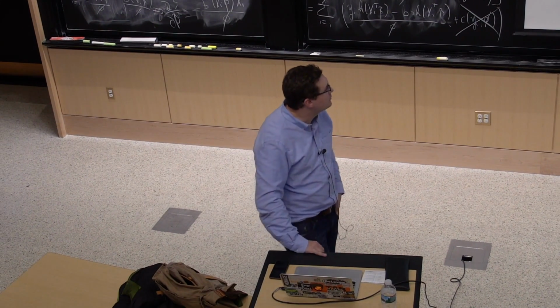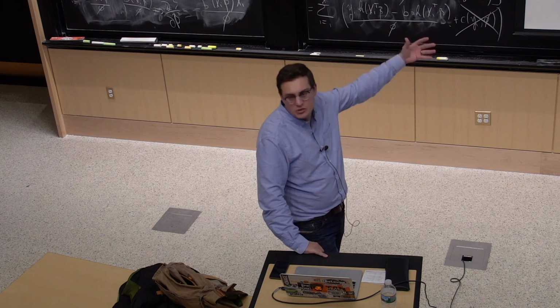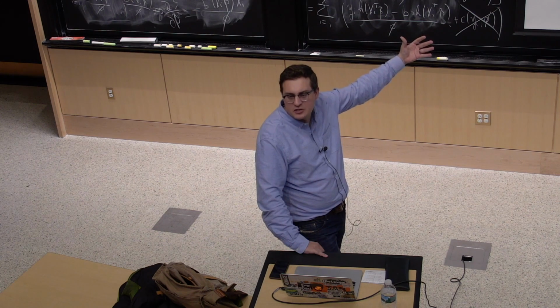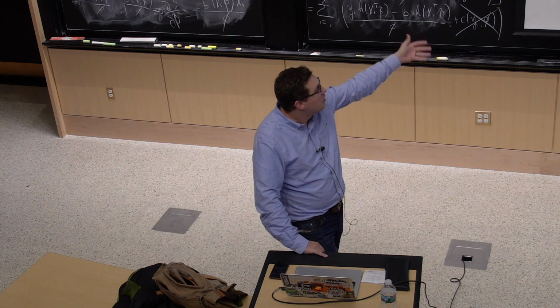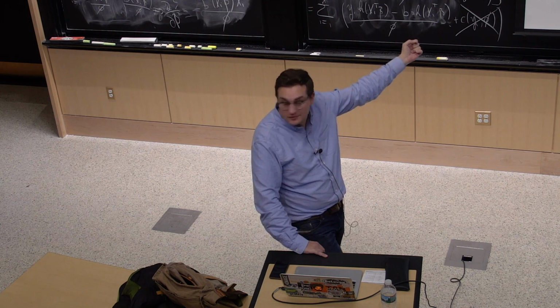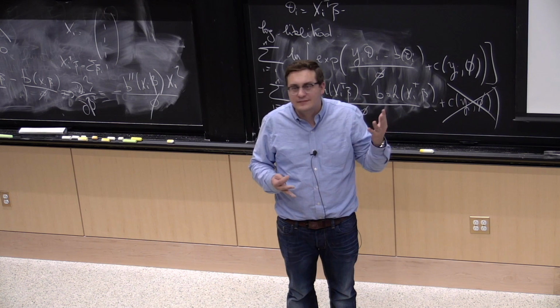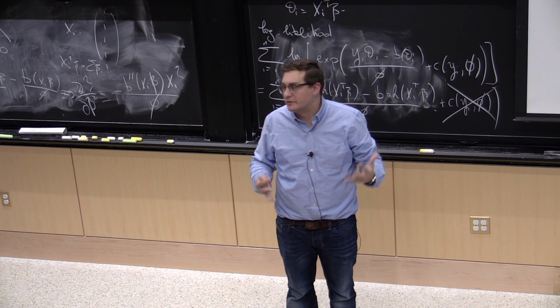And so the three methods we're going to talk about, going from more black box, meaning you can stuff in any concave function and it's going to work, all the way to working specifically for generalized linear models, start with the Newton-Raphson method. Who's already heard about the Newton-Raphson method? Right? Some people actually learn this algorithm without even knowing the word algorithm.